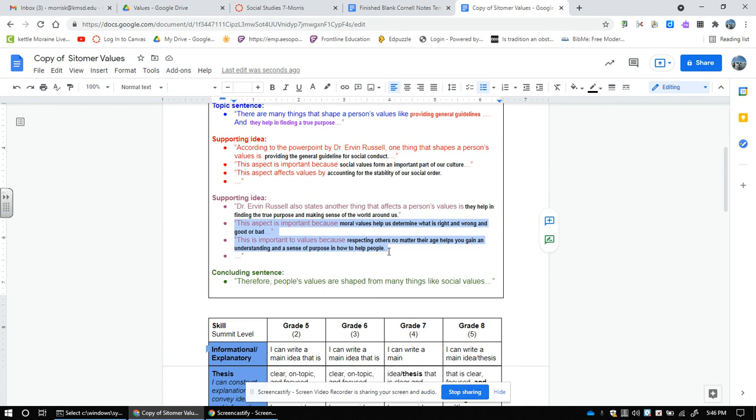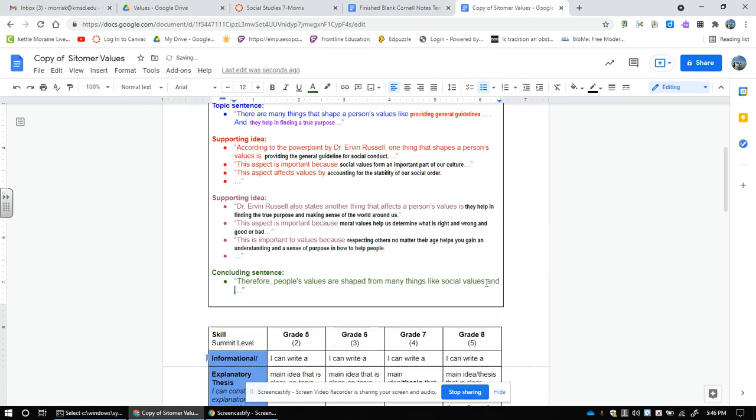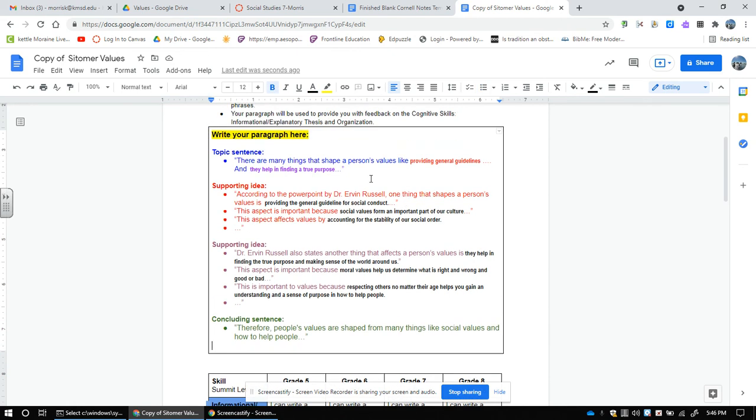Therefore, people's values are shaped for many things like social values and, how about this? How to help people. There, I'm done.